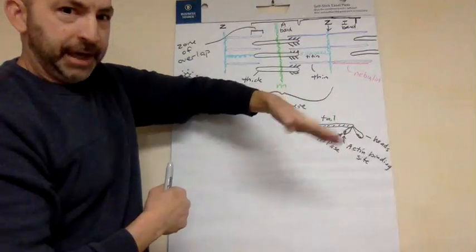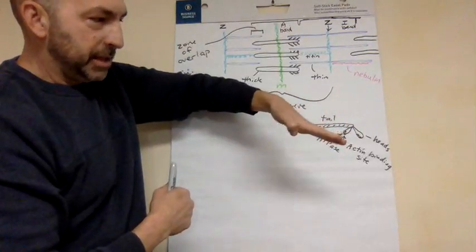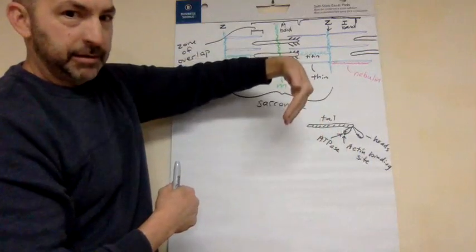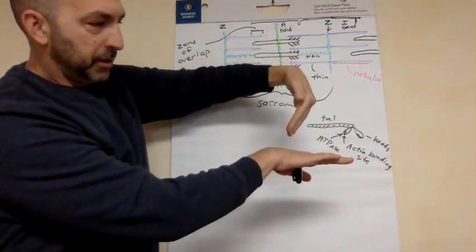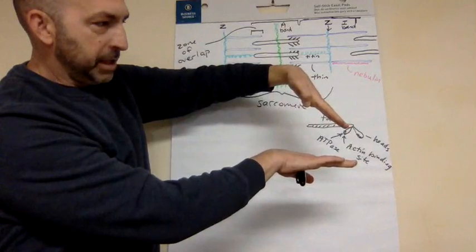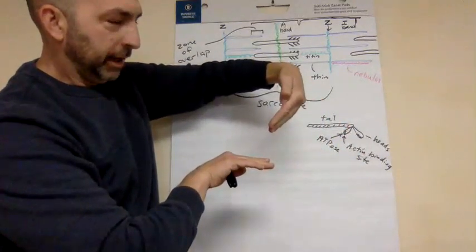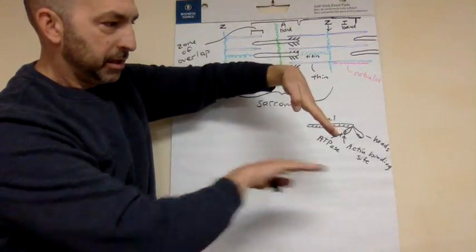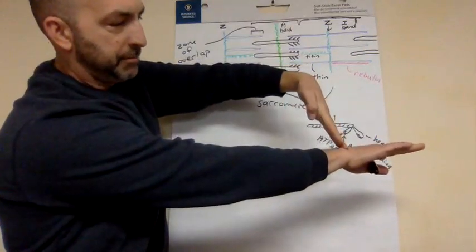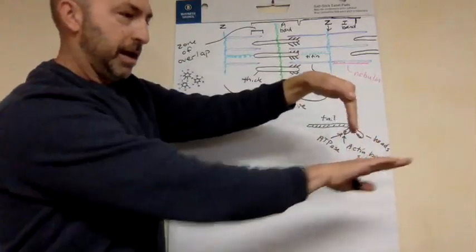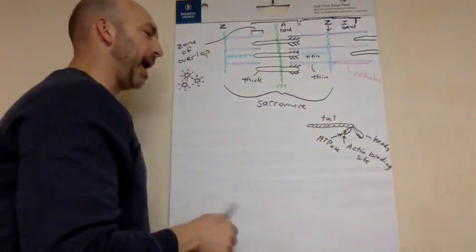They get cocked with ATP, then they bind and pull, and then they have to release again from the thin filament. They get recocked with ATP, they bind, they pull, release, recock, bind, pull, release, recock, and this thin filament just keeps being pulled past.